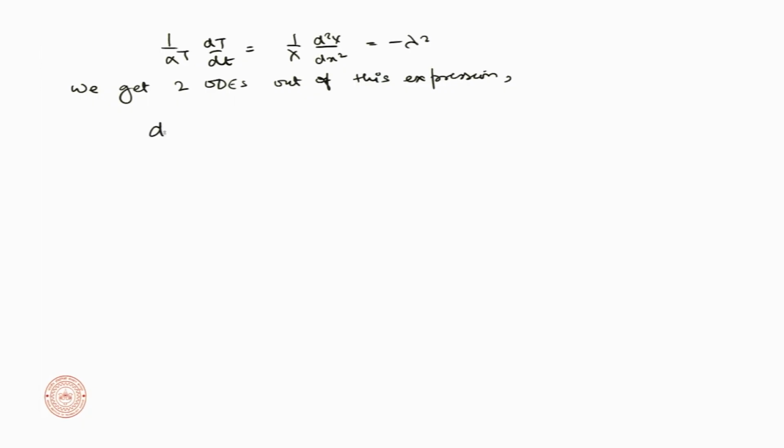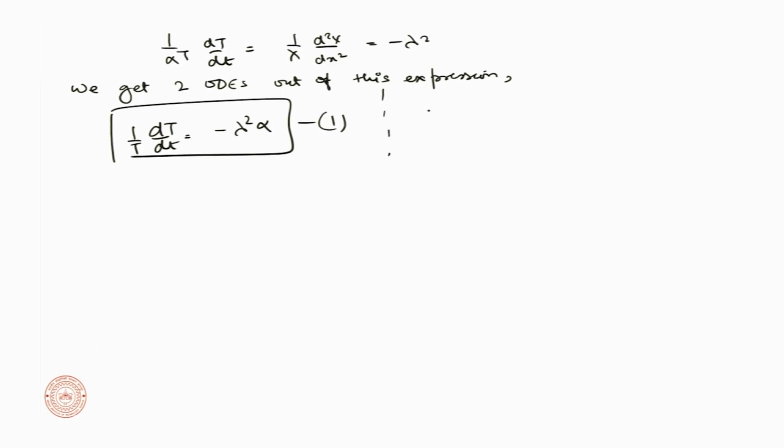Okay. So, dT by dt over T is equals to minus lambda square into alpha. That is equation 1, and the second one will be d square X by dx square plus lambda square X is equals to 0.